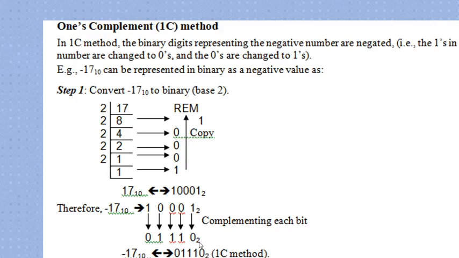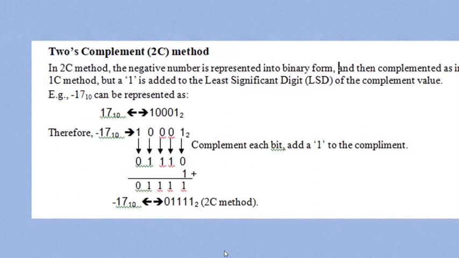In one's complement, the one's complement of a number is the bitwise not, or the negation, it is the exchange of zeros and ones. Whatever was a 1 becomes a 0. Whatever was a 0 becomes a 1, just like it has been described here. Therefore, this is 17, and to show that it is a negative number, you negate. This becomes 0, this becomes 1, 1, 1, 0, and therefore the answer becomes this one. That is in one's complement.